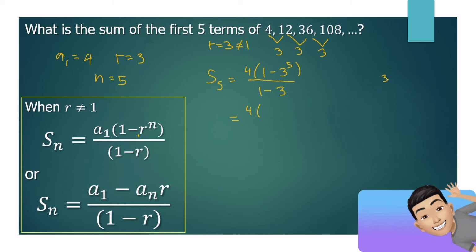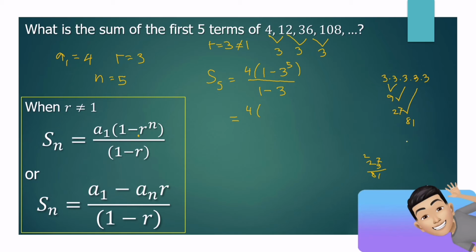Ano ba ang 3 raised to 5? 3 times 3 times 3 times 3 times 3. It's 3 times 3, 9. Times 3, 27. Times 3, 81.